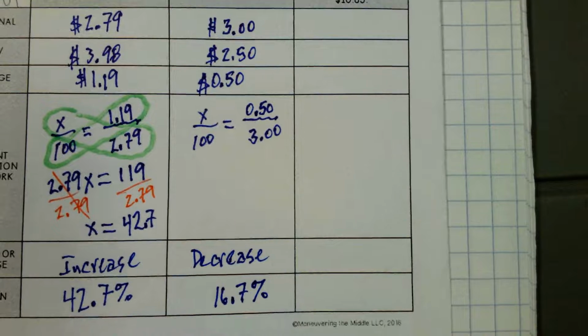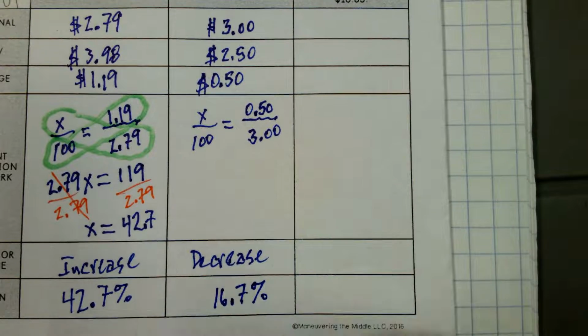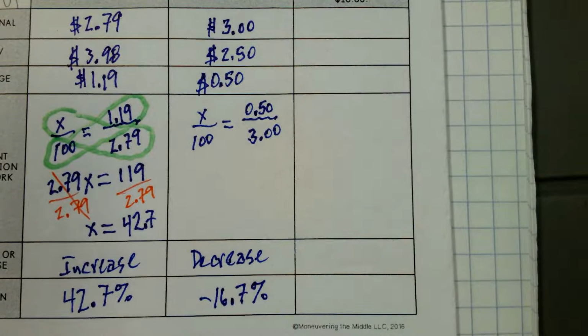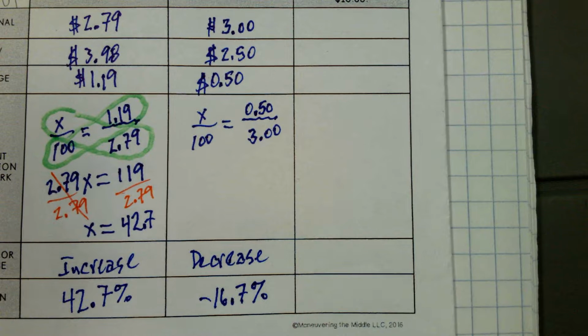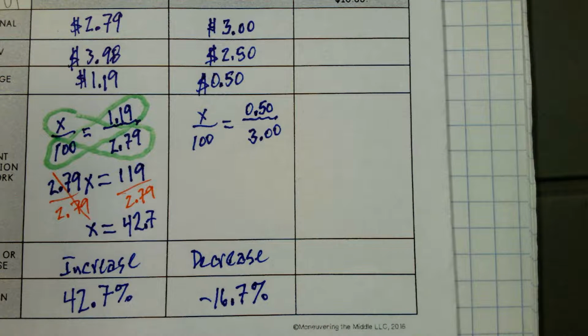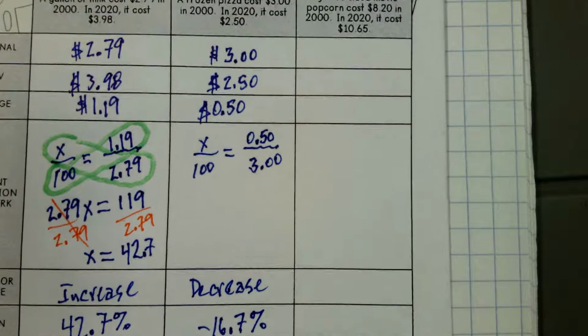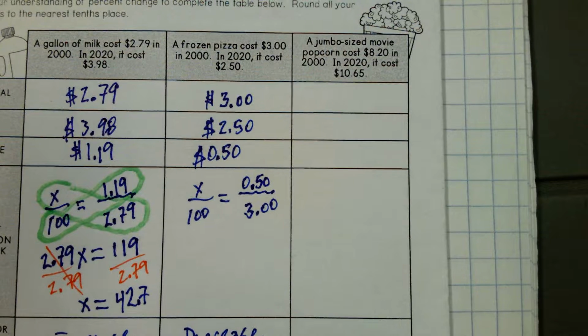Now, sometimes when it's a decrease, they want you to make it negative. So we'll just put that in. Increase, of course, would be considered positive. It's just an indicator if we went up in value or down in value. Okay, so work on the last one completely with your partner.